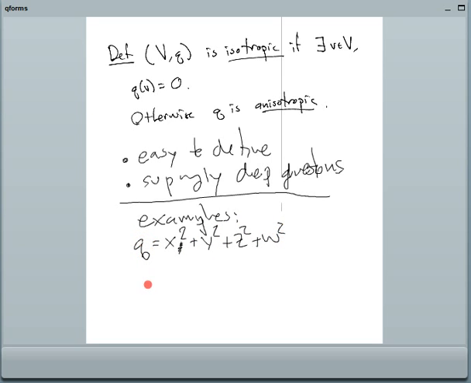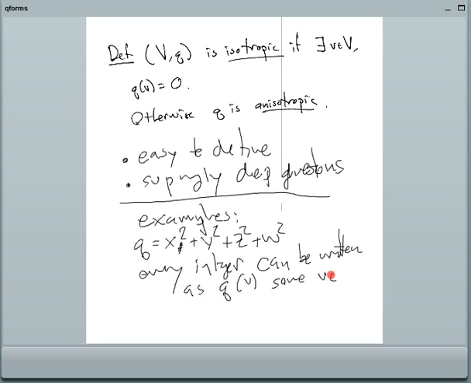then a well-known thing about this form, which is not so much about fields as rings, in particular the integers, is that every integer can be written in the form Q of v for some v, a tuple of integers.